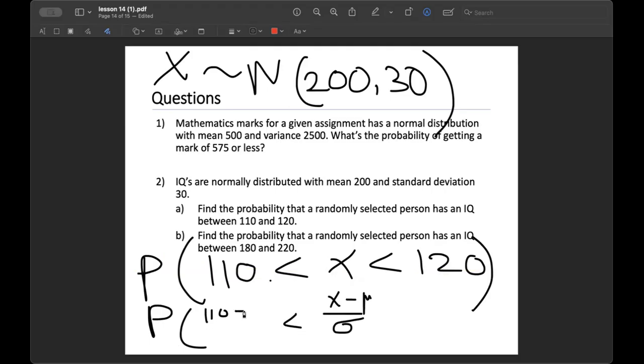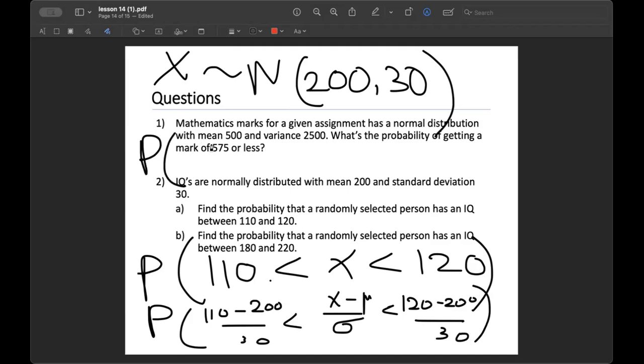Then 110 minus mu, where mu is 200, divided by sigma which is 30. For this side we have 120 minus 200 divided by 30. So this gives us minus 90 over 30, which means minus 3, I guess.